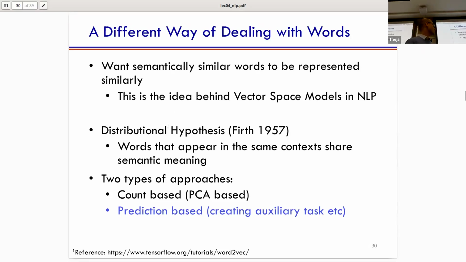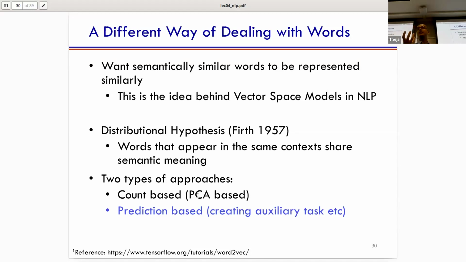Okay. So if you buy that words that appear in similar contexts share semantic meaning, then there are a couple of approaches to deal with this. One is what I'm calling count-based, which is just using counts of occurrences of words in similar contexts, very similar to assignment 2's question 2, where you had common users liking movies, and just doing some sort of PCA or some approximation of that matrix of counts.